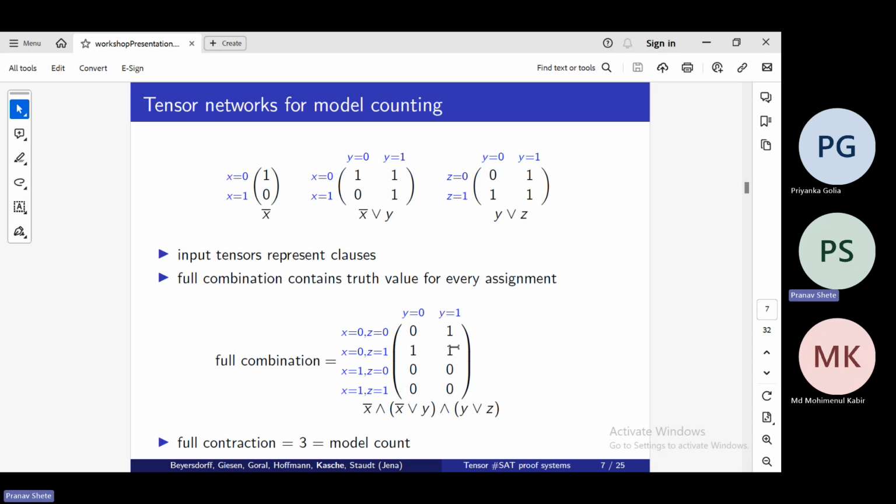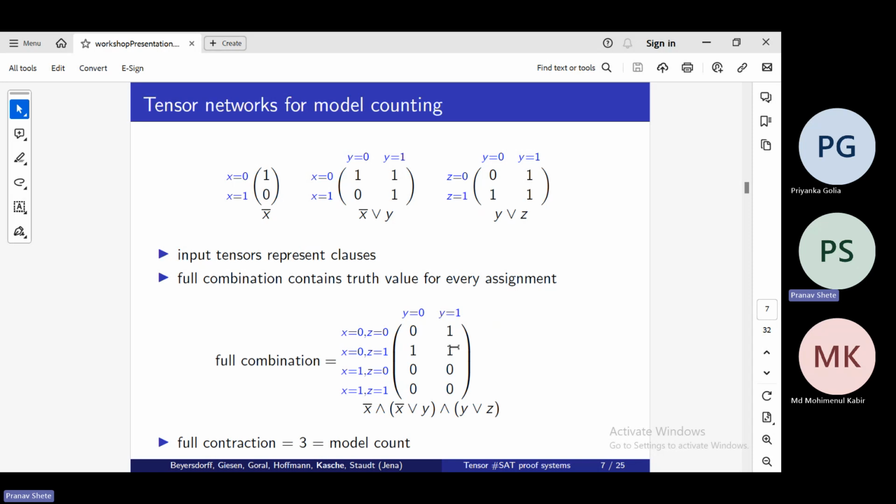But you can use these tensor networks for model counting by using input tensors that represent our clauses and kind of act as a truth table for these clauses. So, for example, we have a unit clause not X. And this is 1 if X is 0, and 0 if X is 1.